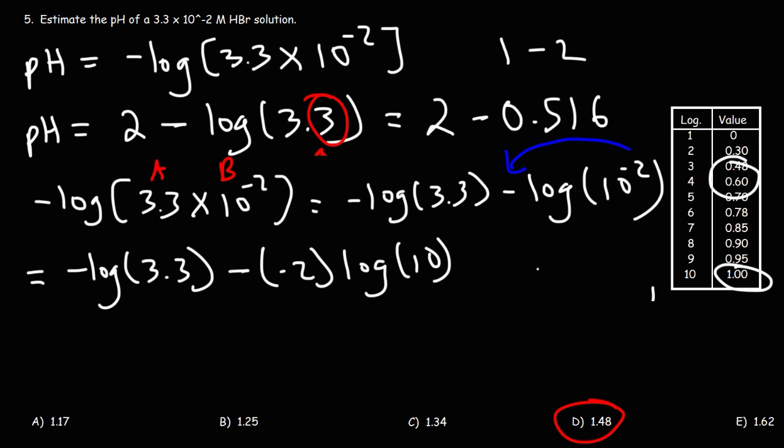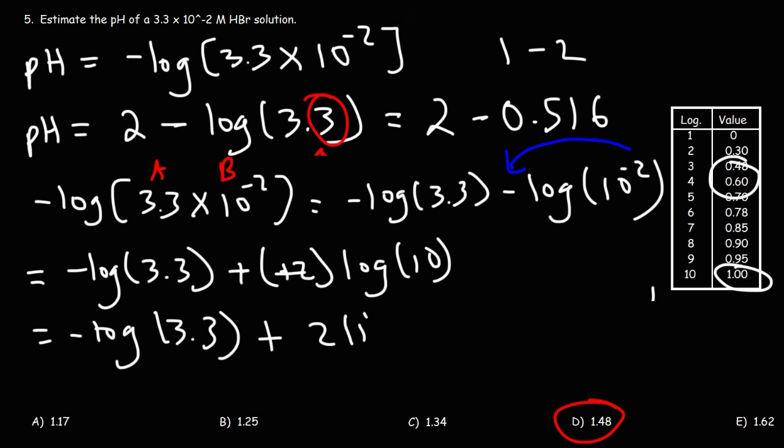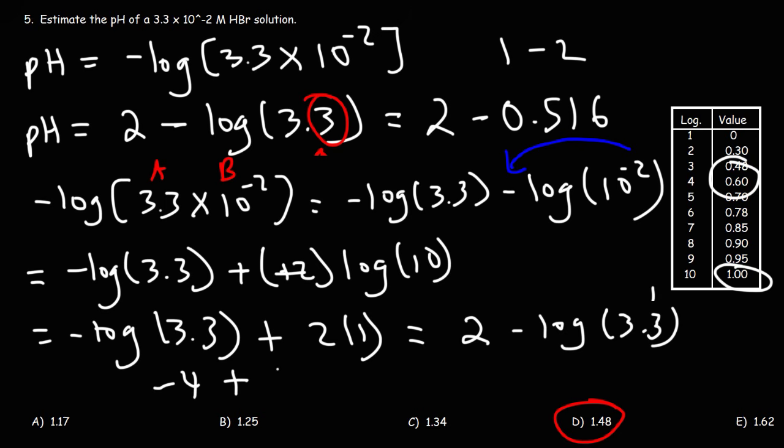So right now what we have is negative log 3.3. The two negative signs will cancel, so we're going to have plus 2 times 1. And I'm going to reverse it. So I'm going to write the 2 first and then minus log 3.3. Because let's say if you have negative 4 plus 5, that's the same as writing it as 5 minus 4. They both equal 1.